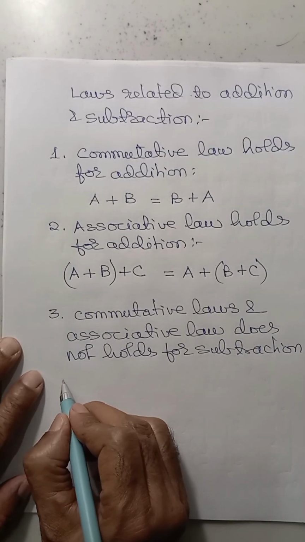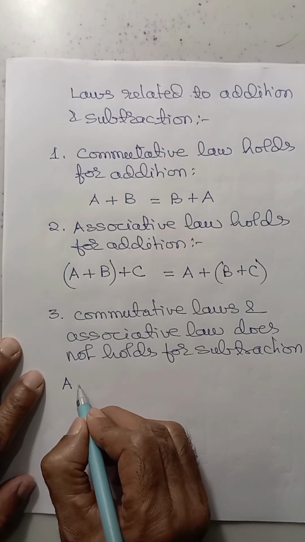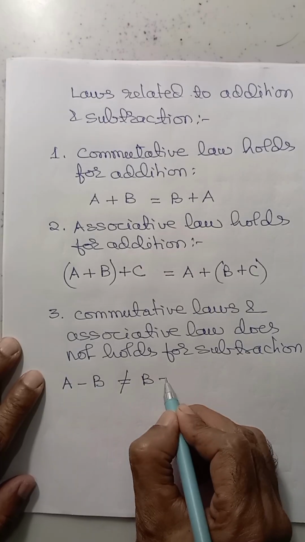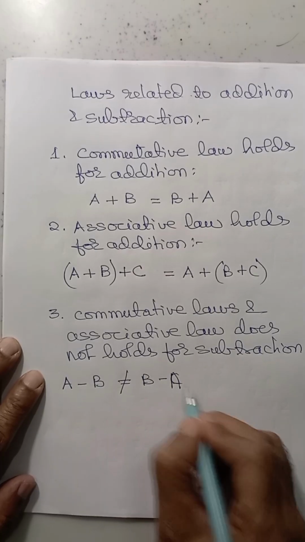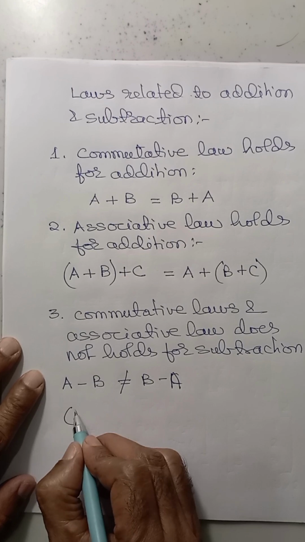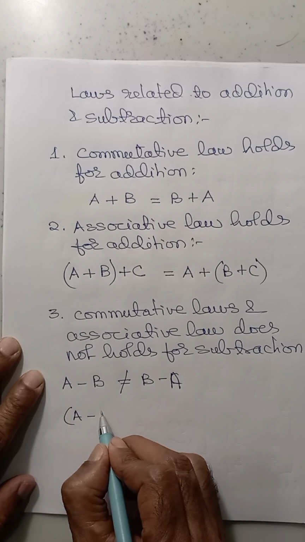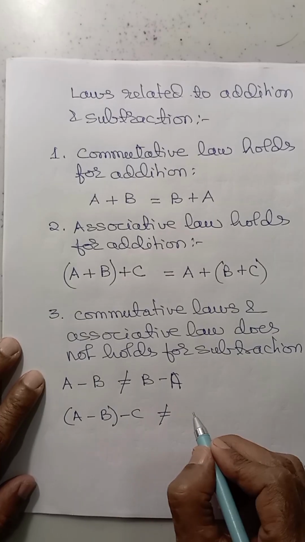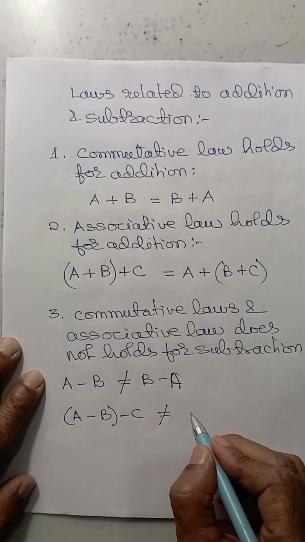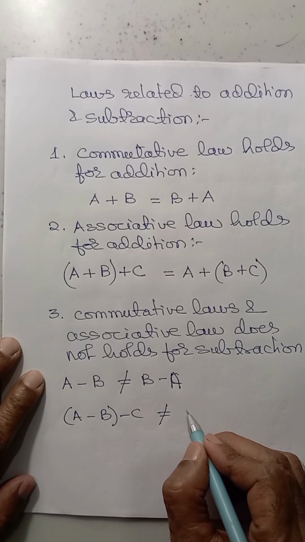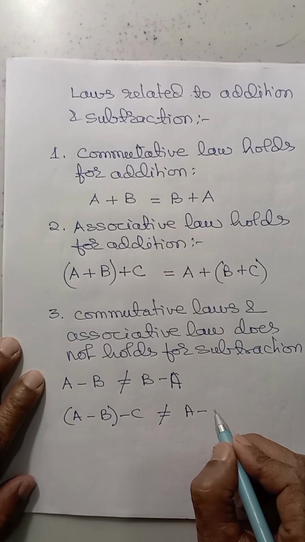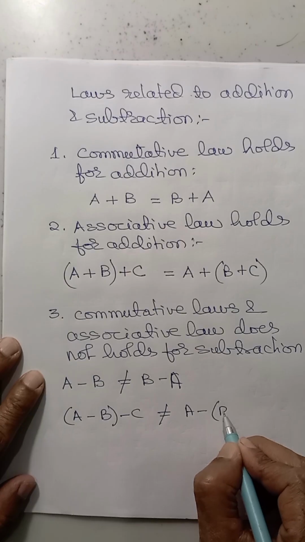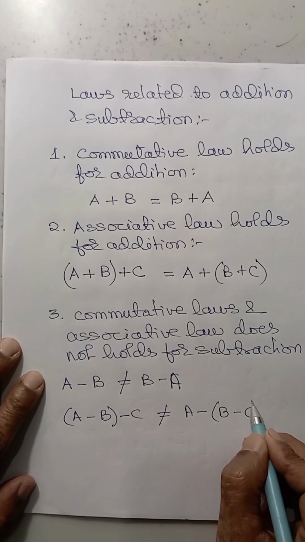It means A minus B cannot be equal to B minus A. Similarly, A minus B minus C cannot be equal to A minus (B minus C).